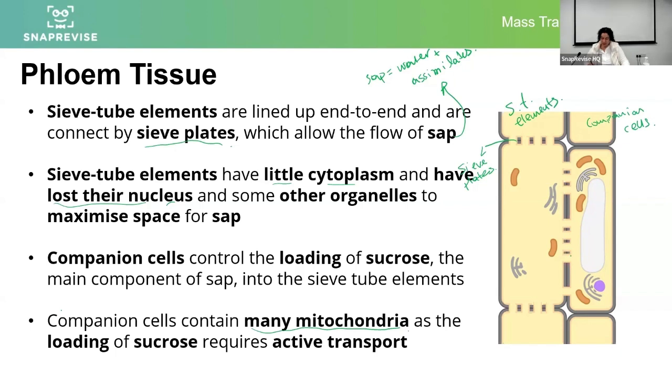These particular little communication points between the two cells are called plasmodesmata. Plasmodesmata, one word. So plasmodesmata are basically the way that neighboring plant cells can link up to each other and exchange substances.